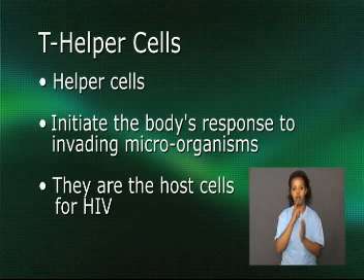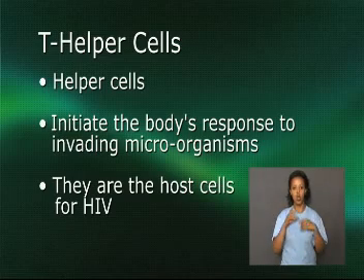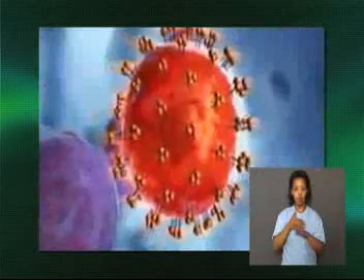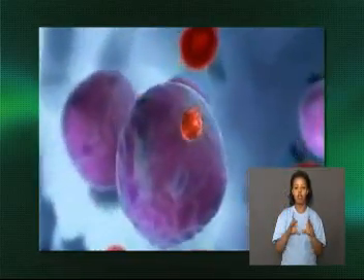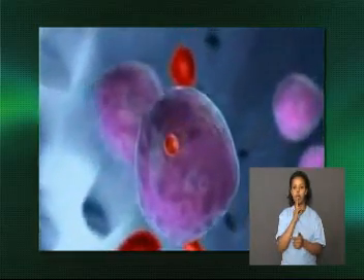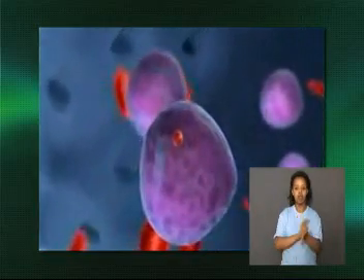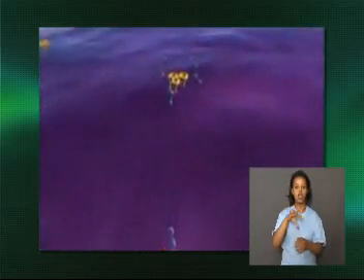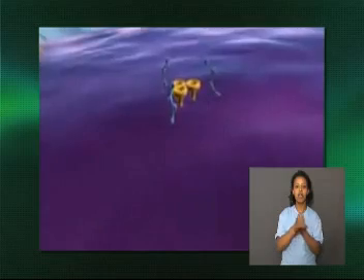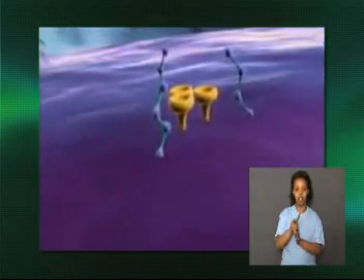The fewer functioning T helper cells, the weaker the immune system, and therefore the more vulnerable a person is to infections and illnesses. In our last lesson, we discussed that T helper cells carry CD4 receptors on their surfaces. T helper cells are the target of the HIV virus.